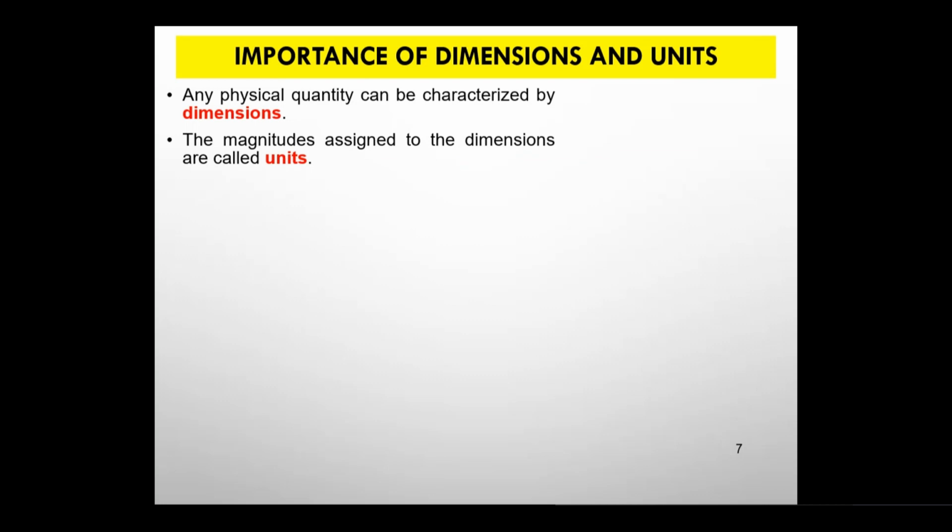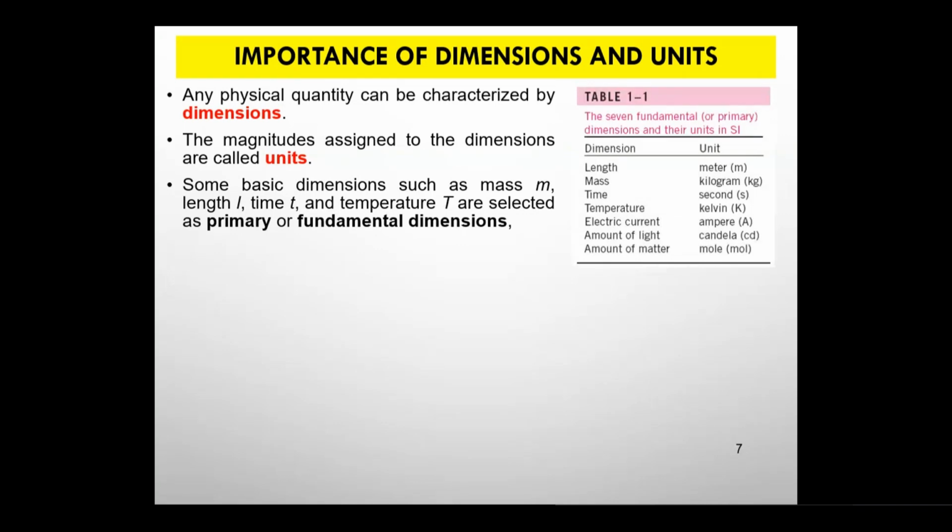So it was in 1954 that these six dimensions and units, shown in the extreme top right corner of the screen: length, mass, time, temperature, electric current, and amount of light, were included in the SI system. And it was not until the 1970s that the amount of matter, which is the mole, the seventh dimension, was included in this system.